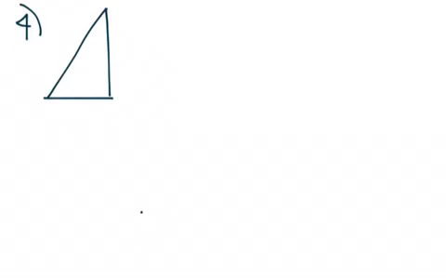Number 4, has a triangle drawn beside a tree, and it says this is 7, this is 18, and it tells you this is 8 because it wants to know the height of the tree. This is a right triangle, so we're still using Pythagorean theorem.